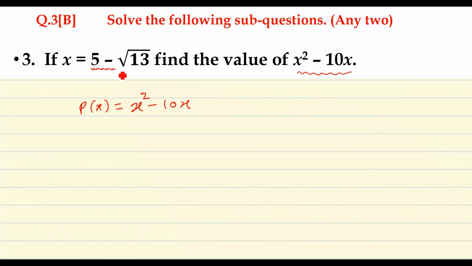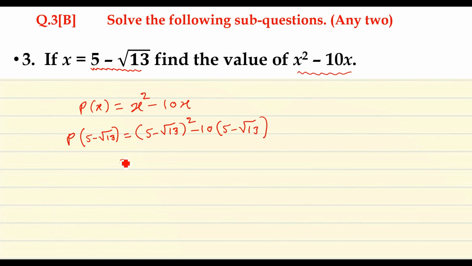Now I have to replace x by 5 minus under root 13. So this is 5 minus under root 13 square minus 10 into 5 minus under root 13.